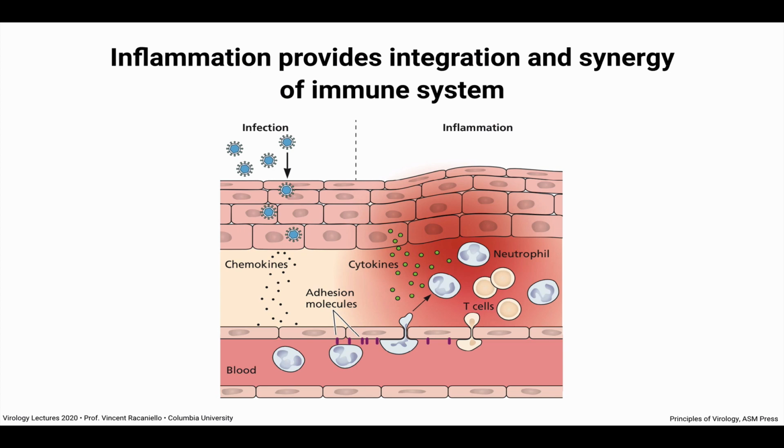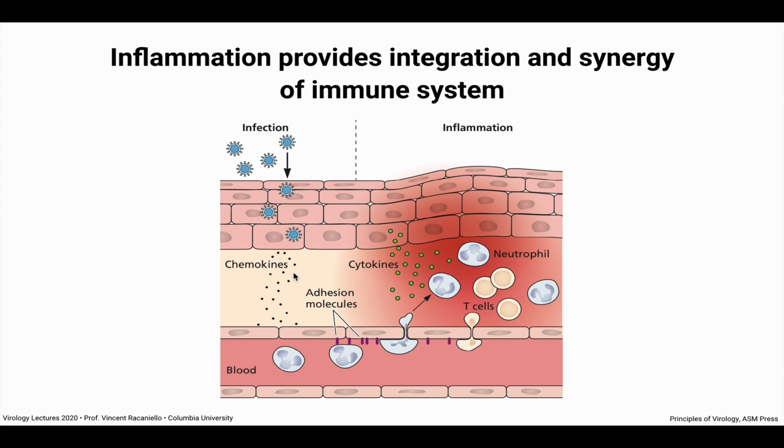Finally, I want to remind you that inflammation integrates. It provides integration and synergy of all these arms of the immune system. Here we have, again, our cell surface or body surface. Could be the epithelium. Here we have the subepithelial tissues, a blood vessel here. Viral infection triggers a local inflammatory response.